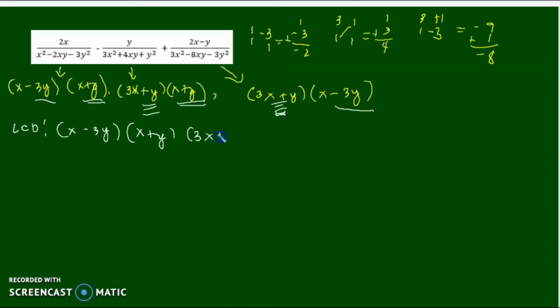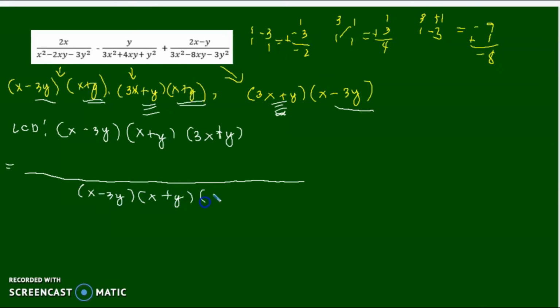Therefore, the LCD is the quantity of x minus 3y times the quantity of x plus y times the quantity of 3x plus y.